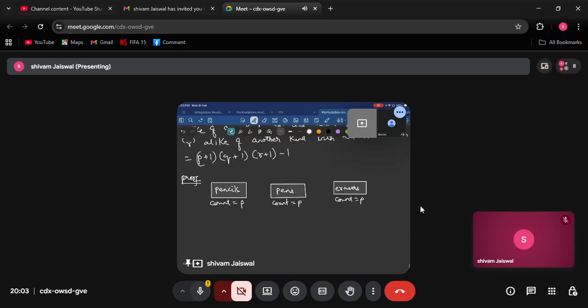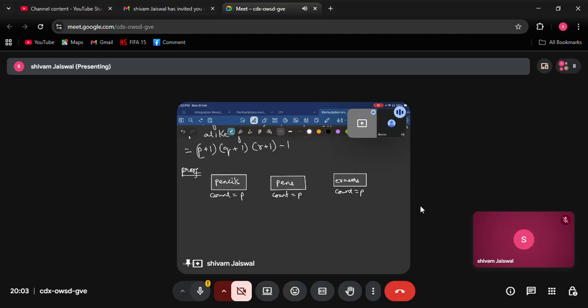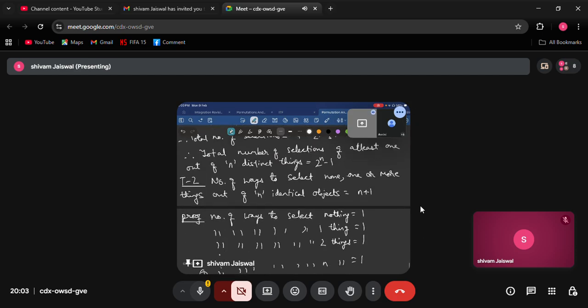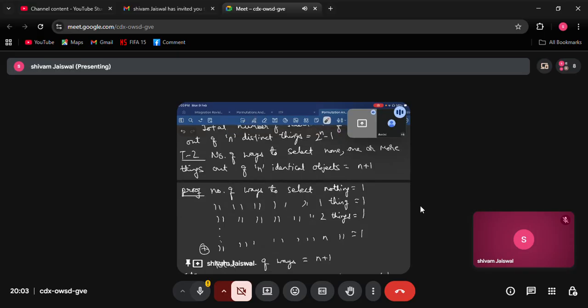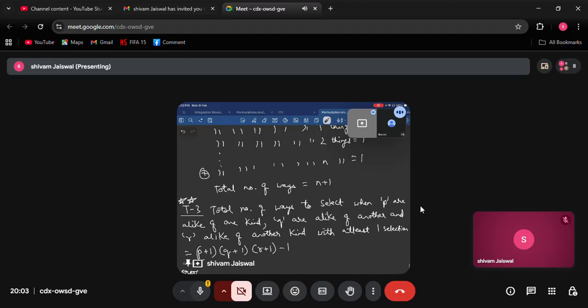Okay. So, what is the number of ways to select? Either you will select, okay, all are identical pencils. Try to understand. From case 2, the number of ways to select none, one or more identical things will be n plus 1. Tell me everyone.